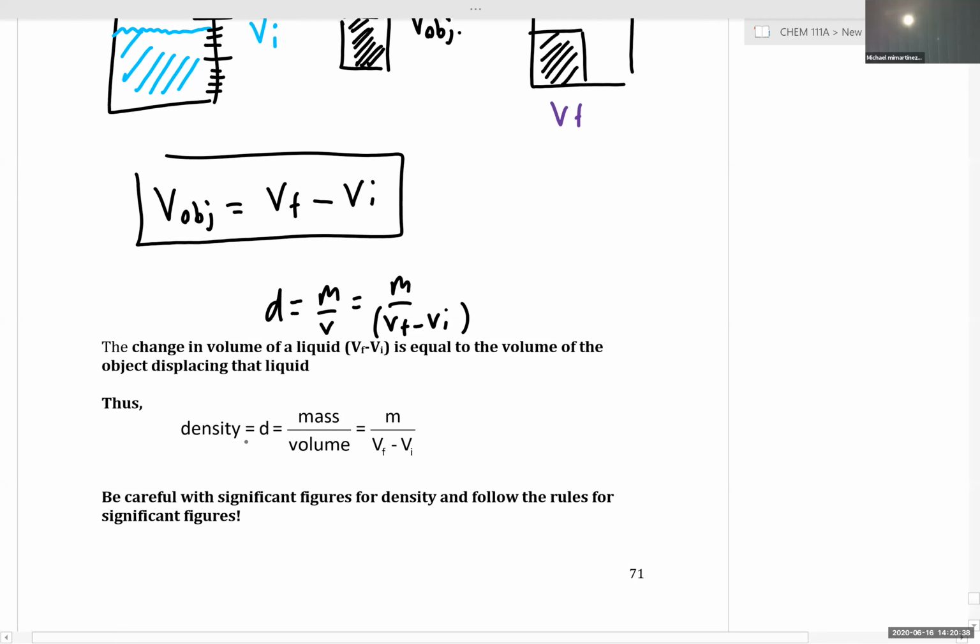So we can calculate the density by taking the mass over the change in the volume.